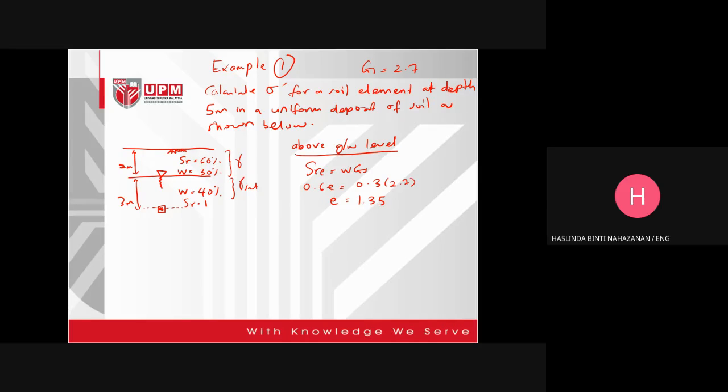Then unit weight is G_s (1 plus w) over (1 plus e) times gamma w.